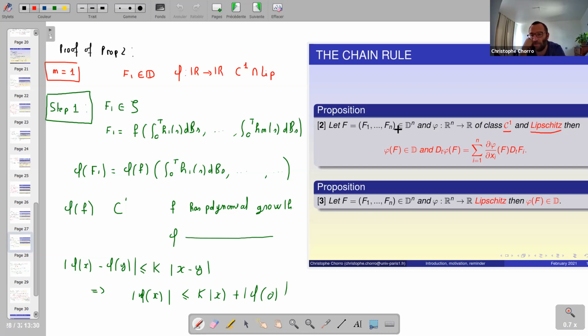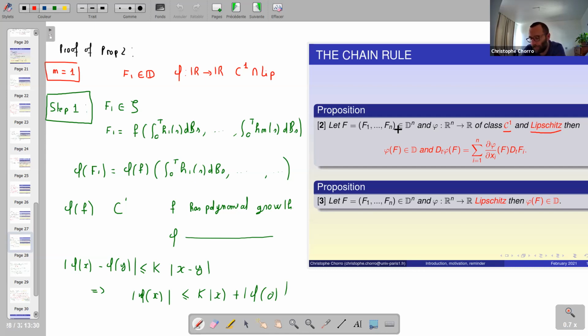I can approximate it, using a classical argument of classical analysis, by mappings that are C1 and Lipschitz. Then I pass to the limit using the same kind of argument as the one I used previously.